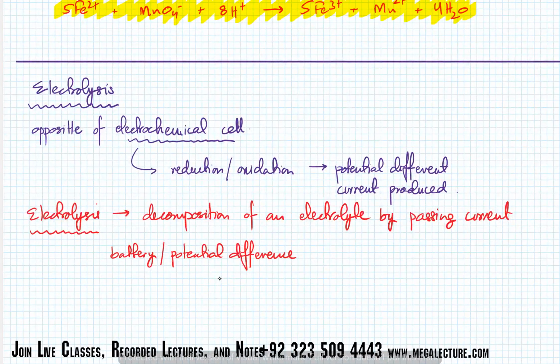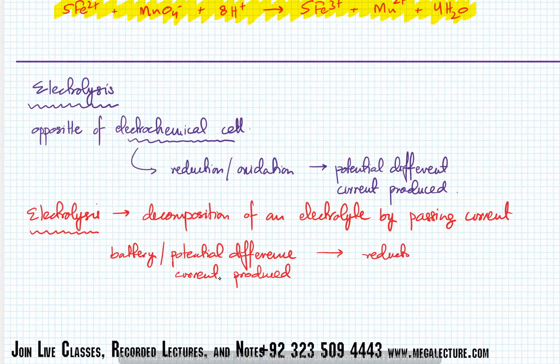And because of that potential difference, current is already produced. Electrons are already moving even before the reaction.